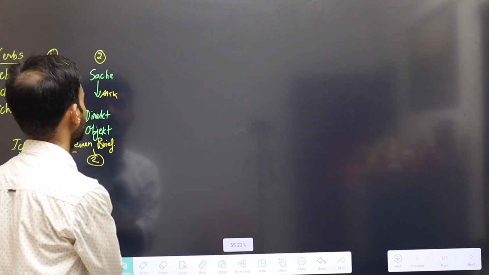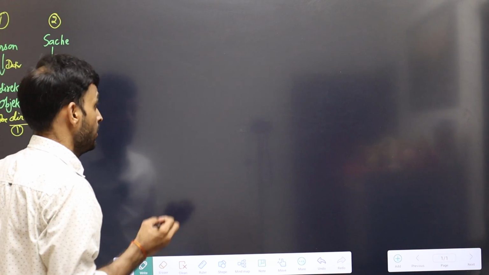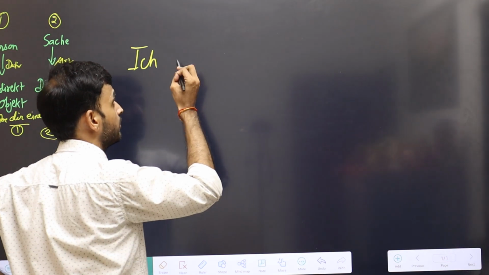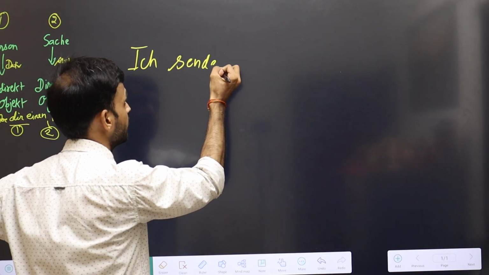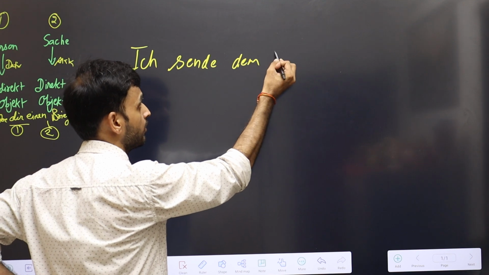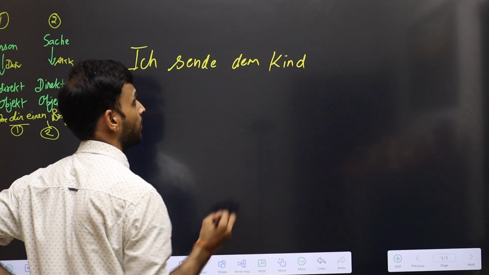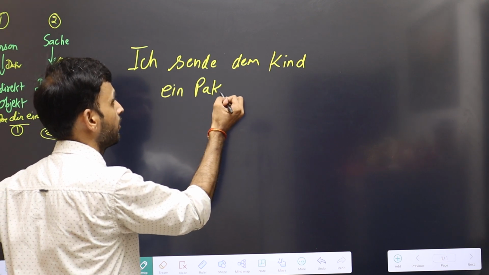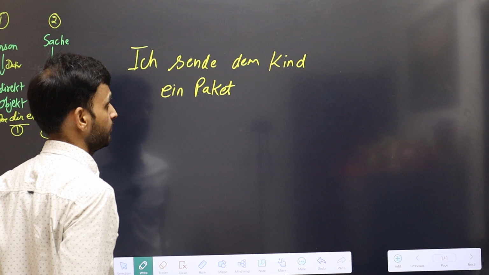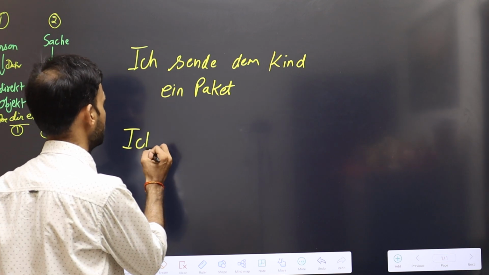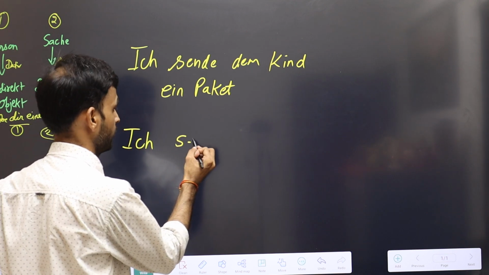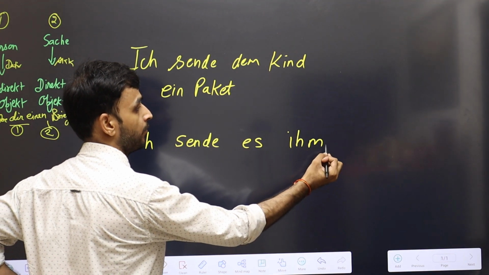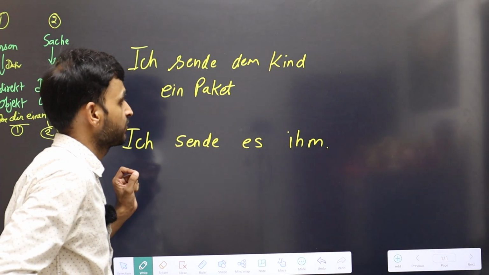See. Ich sende dem Kind ein Paket. I can also write ich sende es ihm. See, this is the use of personal pronoun.